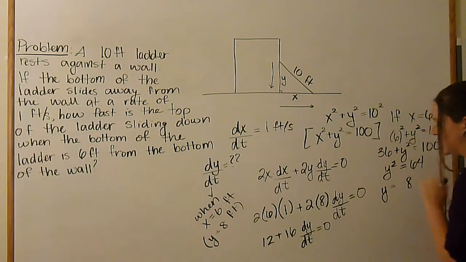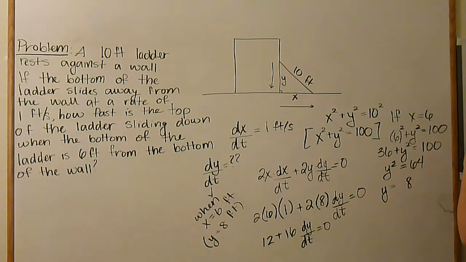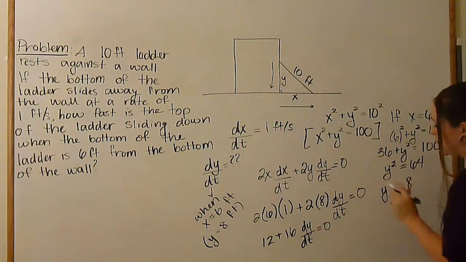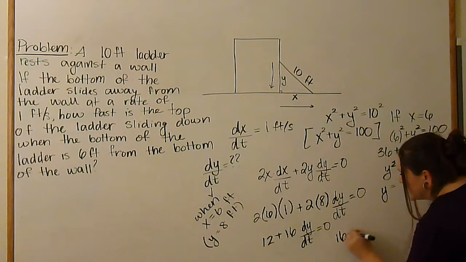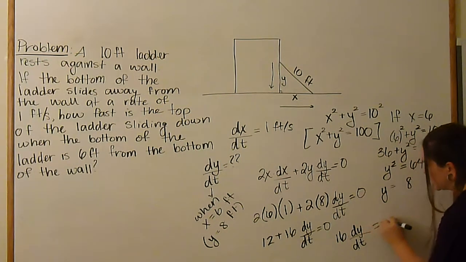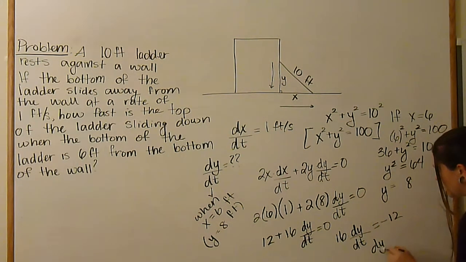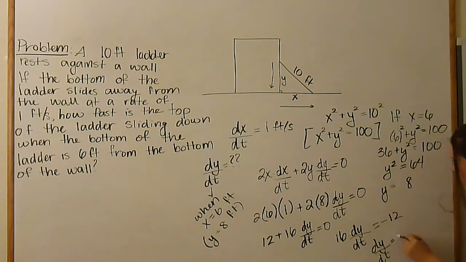Solving for dy dt, we'll subtract 12 from both sides to get 16 dy dt equals negative 12. And then we can divide both sides by 16 to get that dy dt is negative 12 over 16, which reduces to negative 3 over 4.